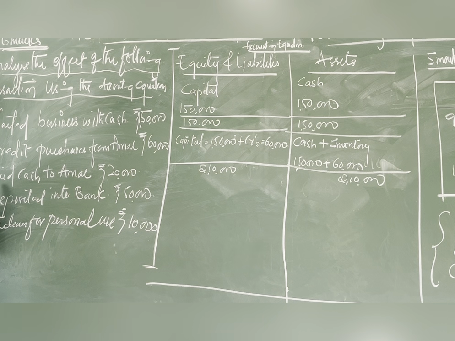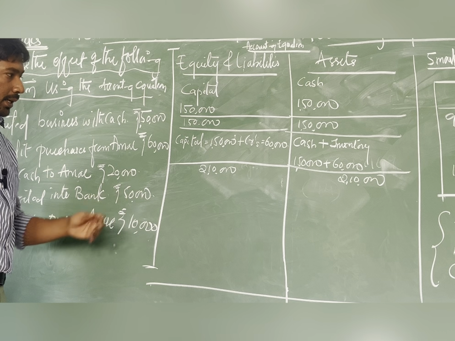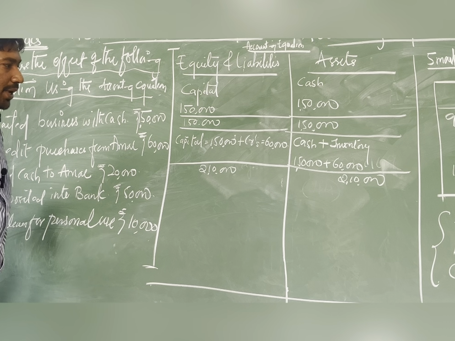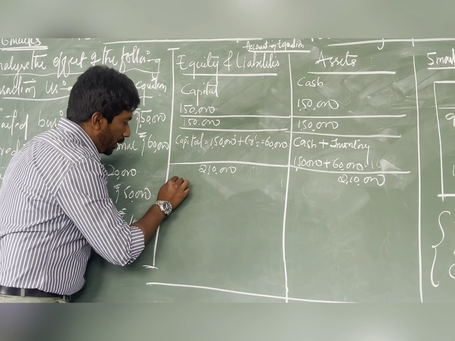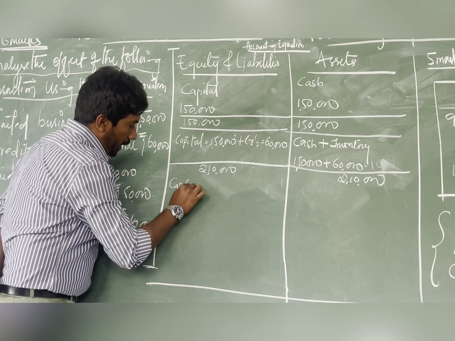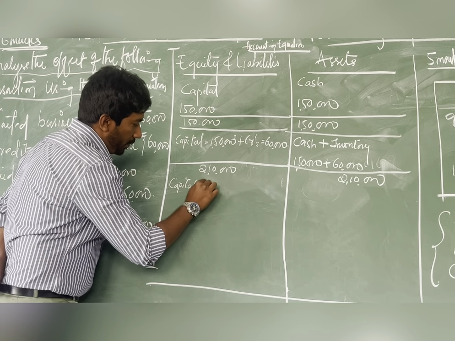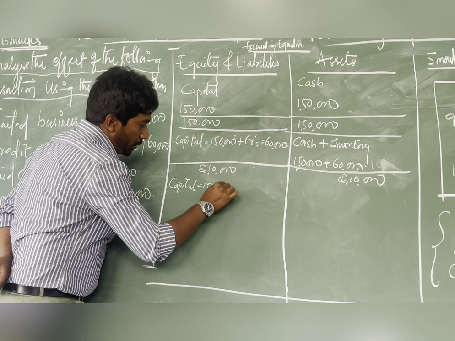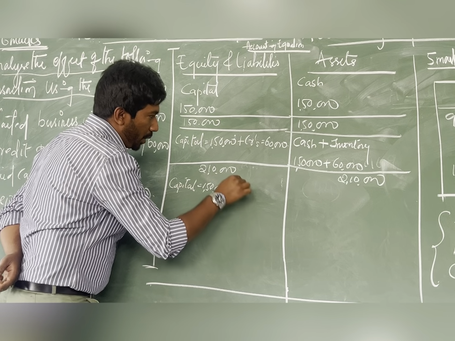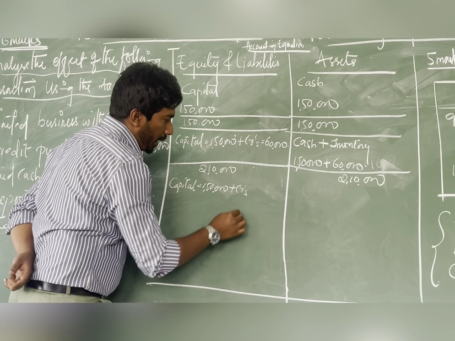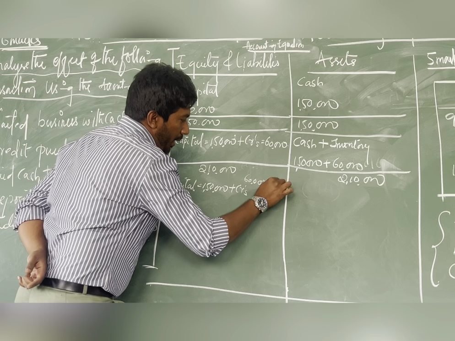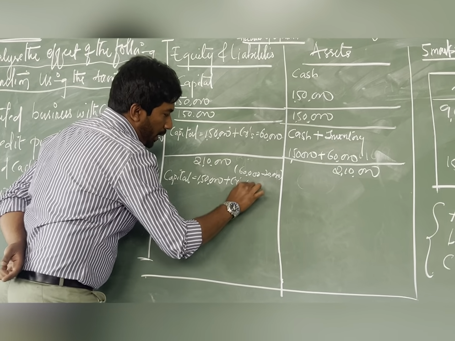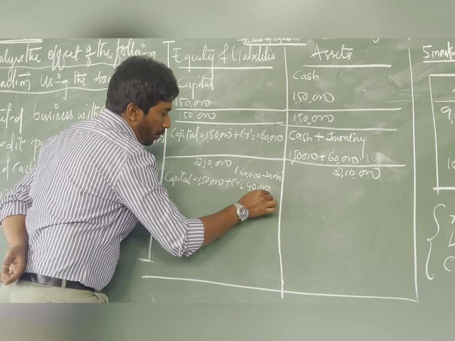The next entry is: paid cash to Aman. We have made a cash payment to Aman, so here we have to reduce. Aman is a creditor, correct? Once again we repeat capital: 1,50,000. When you are paying, your creditors are reducing: 60,000 minus 20,000, so the creditors remaining are only 40,000.